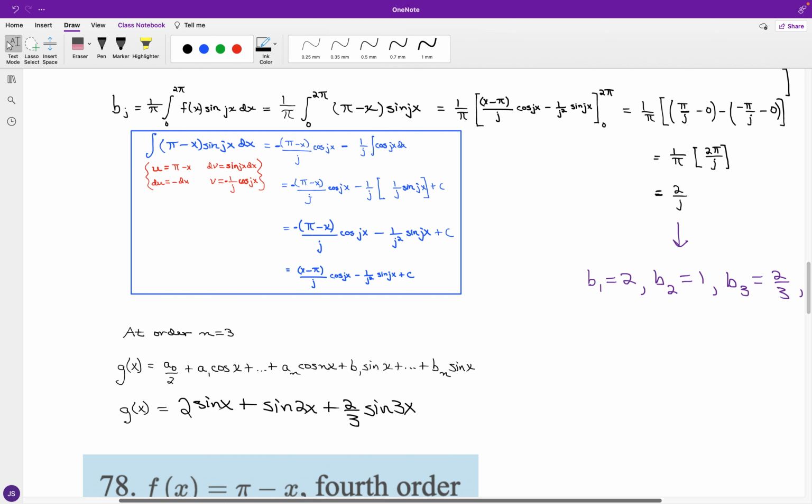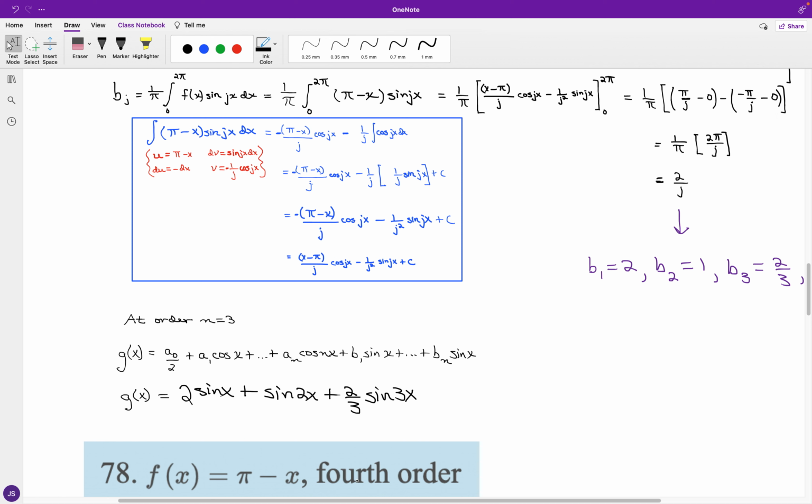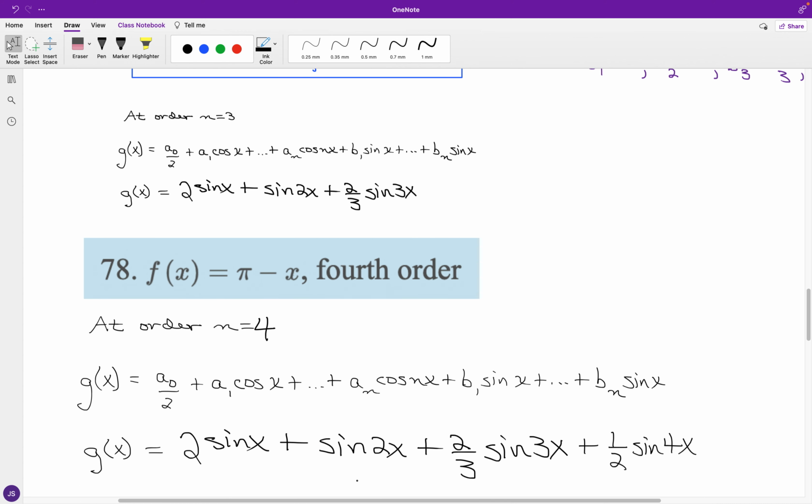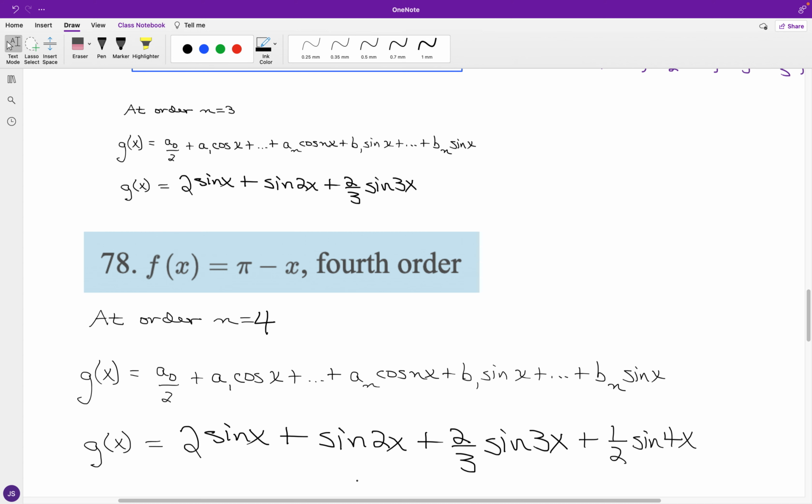So carrying on, for the approximation of third order, we have that g of x is equal to 2 sine of x plus the sine of 2x plus 2/3 of the sine of 3x.